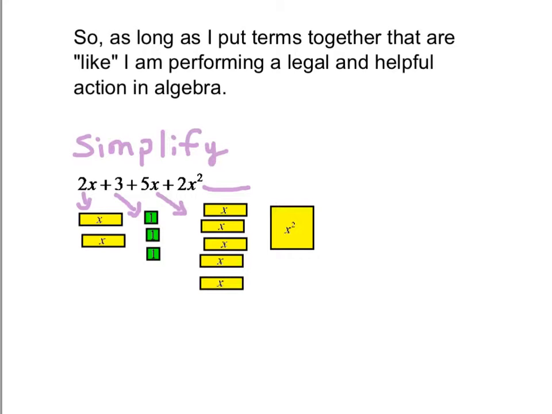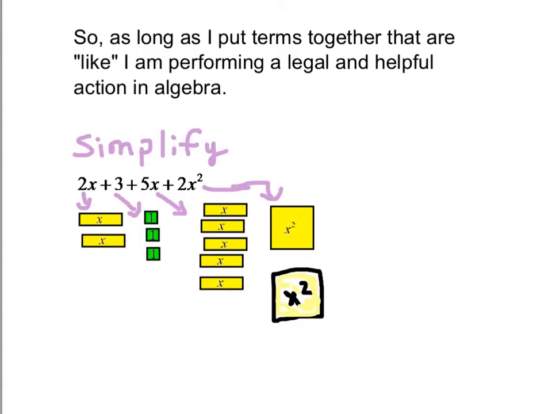I'm short one, so let me just add one more x squared here because it says 2x squared there. And that's my 2x squared right there.